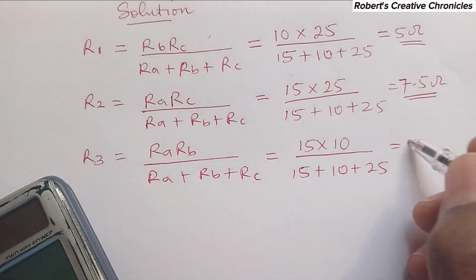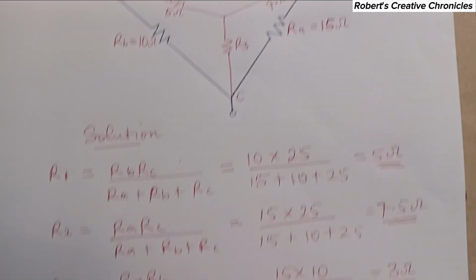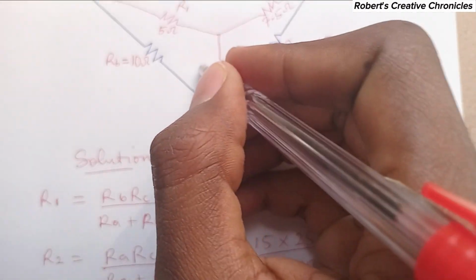So 3 ohms. So the final answer is 3 ohms. R3 will be 3 ohms.